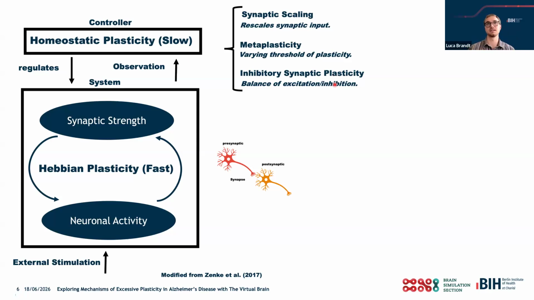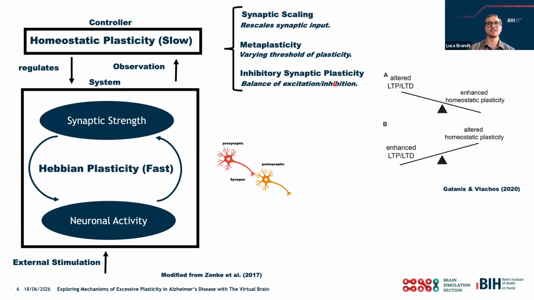So they're linked together. So there's this seesaw dynamic between Hebbian plasticity and homeostatic plasticity. If there's enhanced homeostatic plasticity, the Hebbian plasticity would be altered, and vice versa. If the regulatory plasticity is altered, then this would lead to either increased or decreased Hebbian plasticity.